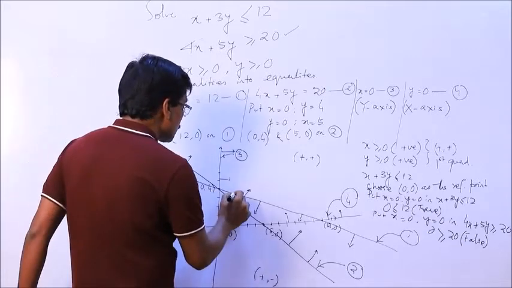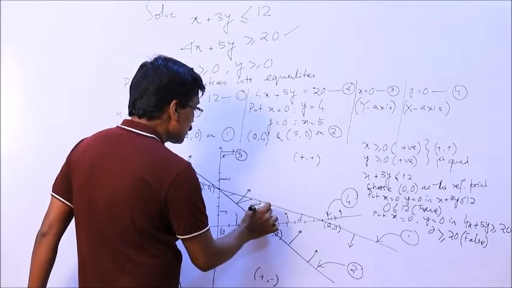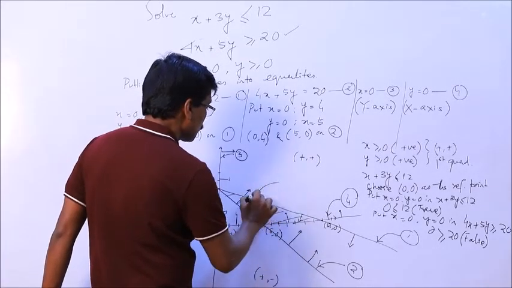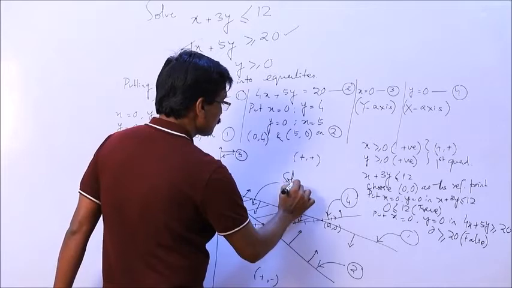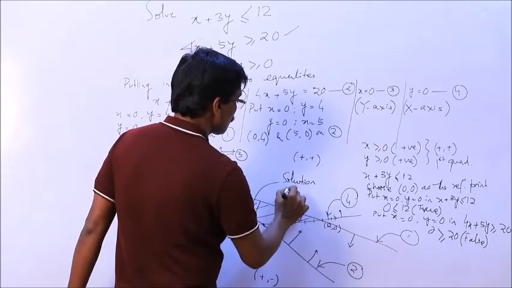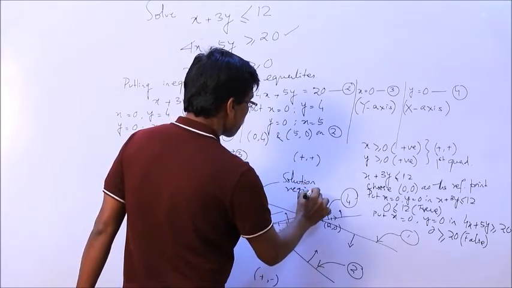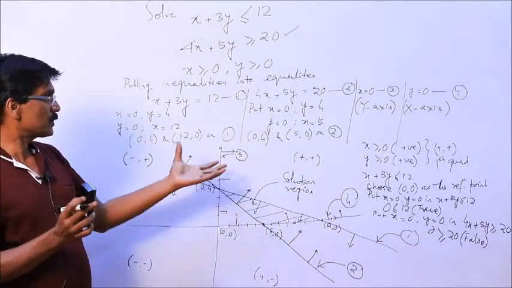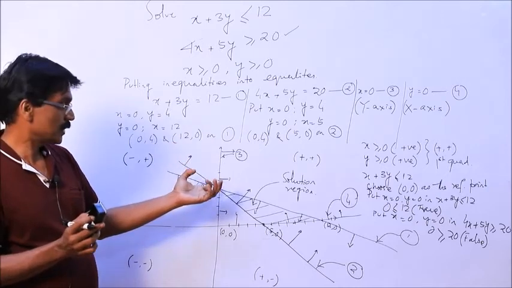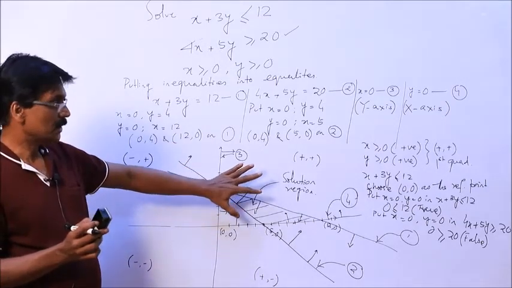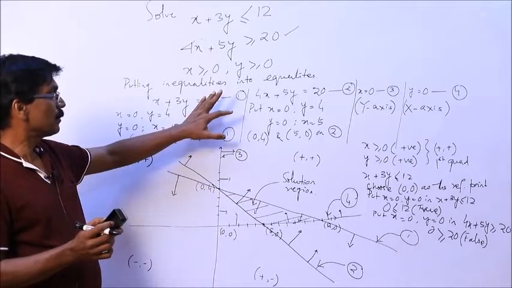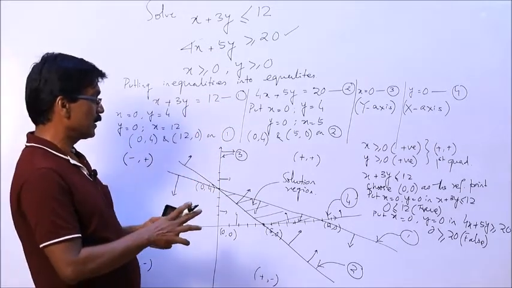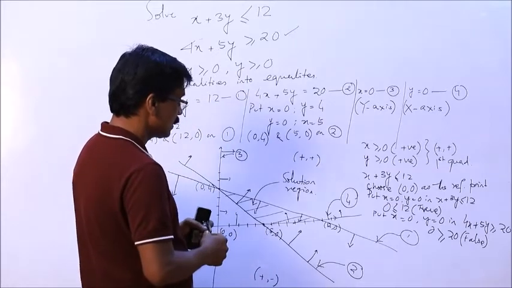So, this is our solution region. So, that means we solve two variables graphically by doing a rough sketch, and the solution region is shown.